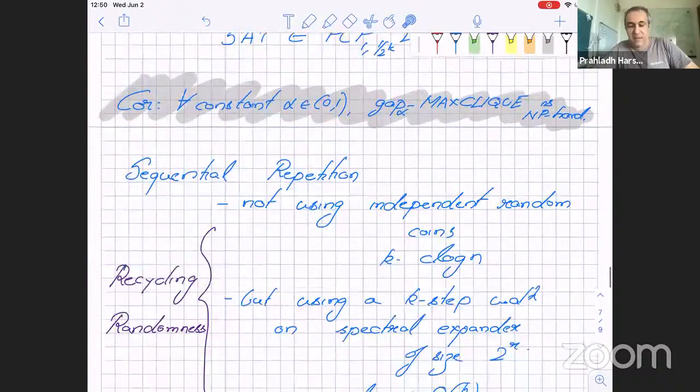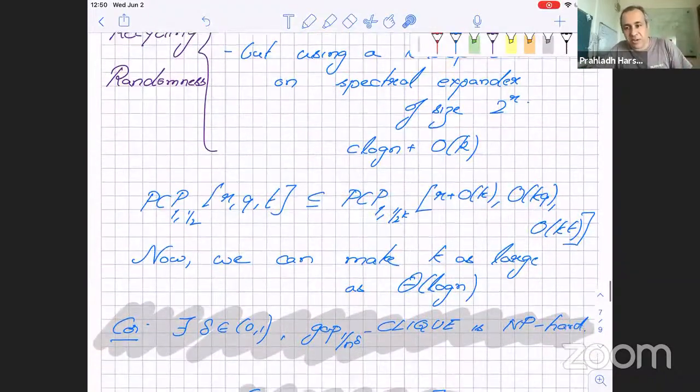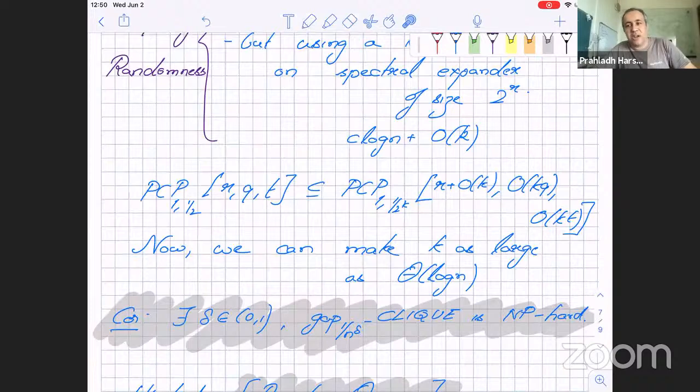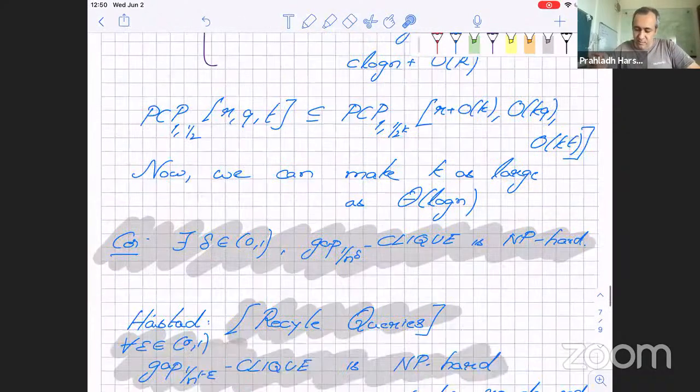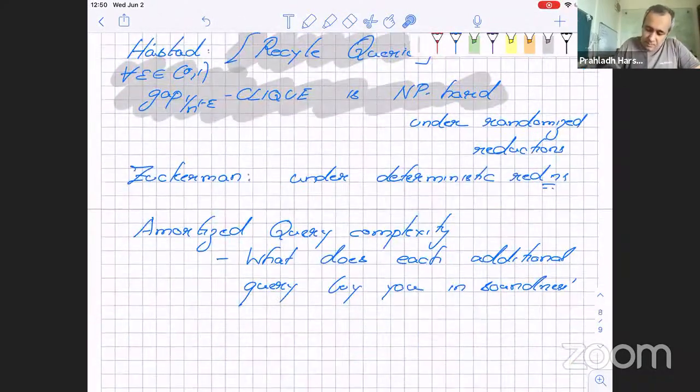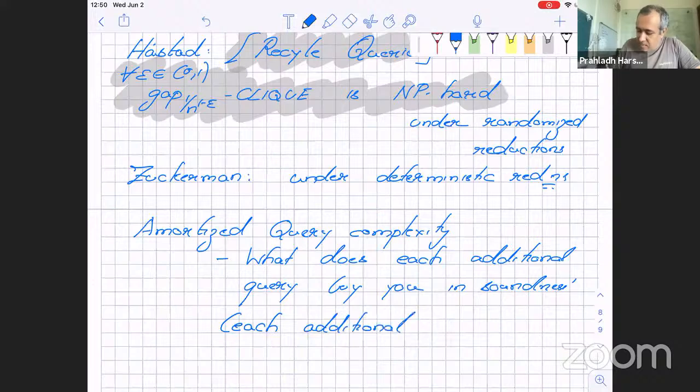What he said is, initially, possibly you need 3 queries to get to half, but as you make k larger and larger, every additional query will reduce the soundness by a factor half. What he actually showed was each additional query, in the limit, and this is what amortized query means, reduces soundness by half in the limit.